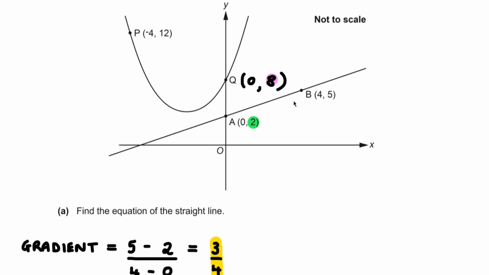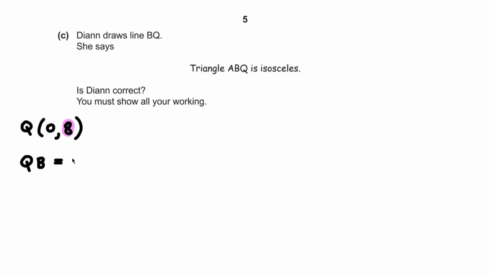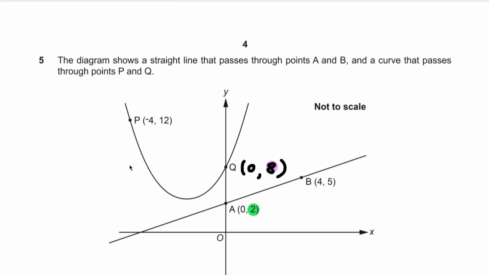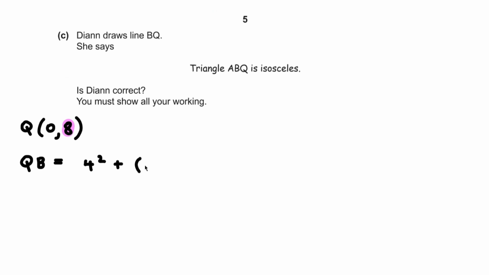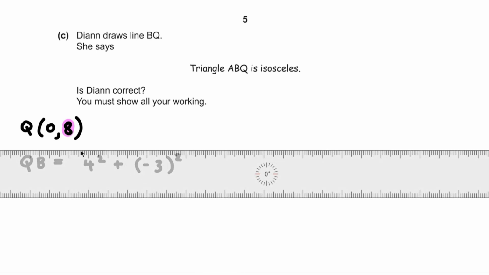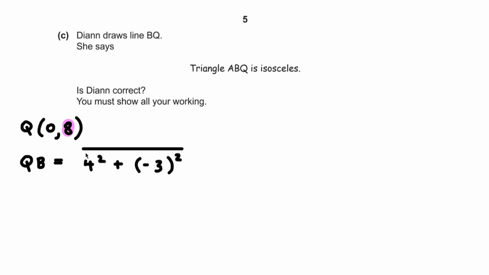So the change in x from 0 to 4, that's just 4. So I've got 4 squared. And the change in y's, I'm going from 8 to 5. So that's negative 3. And then a square. And then I have to square root. So if I work this out, I get 5.